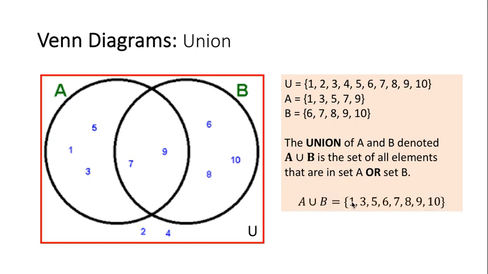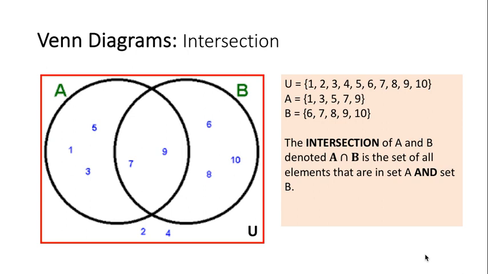So A union B is 1, 3, 5, 6, 7, 8, 9, and 10. The intersection of A and B, denoted by A intersection B, is the set of all elements that are in set A and set B. So that should be the elements 7 and 9.